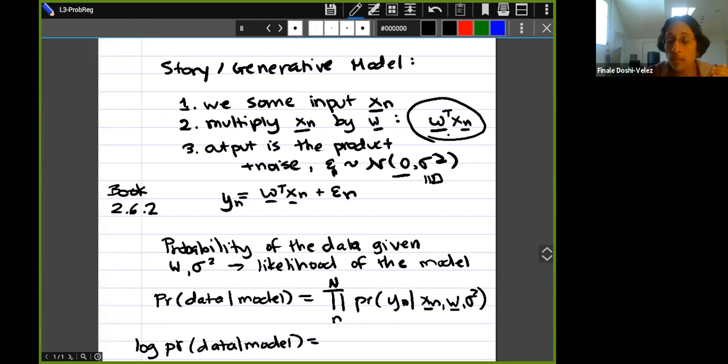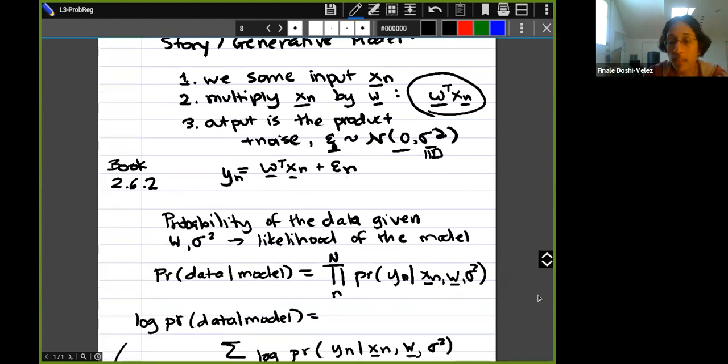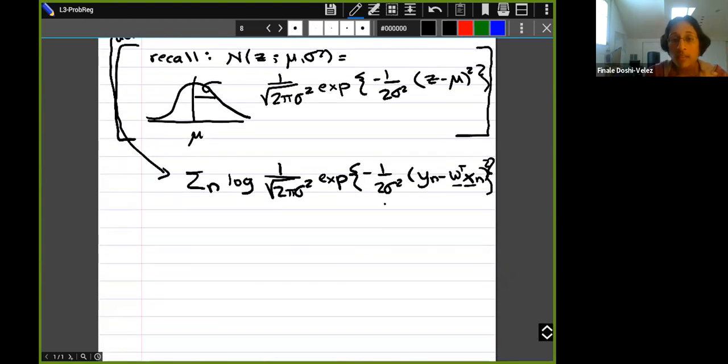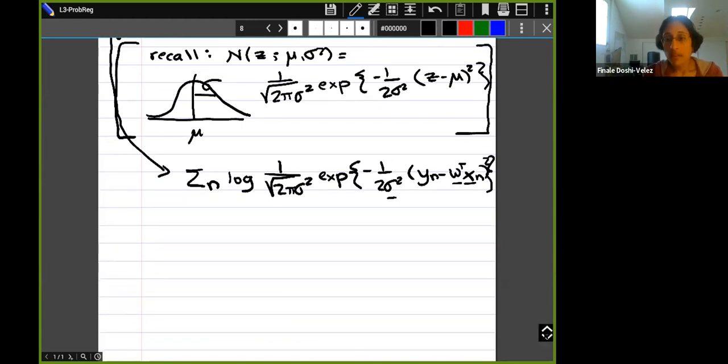So the only randomness is coming from epsilon, and the variance of the epsilon is given by this Gaussian distribution with variance sigma squared. So down here, this is the expression for a Gaussian distribution with variance sigma squared and mean given by our prediction for y, which is w transpose x_n.